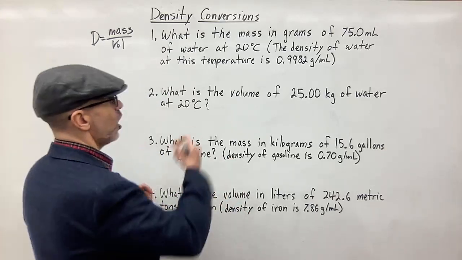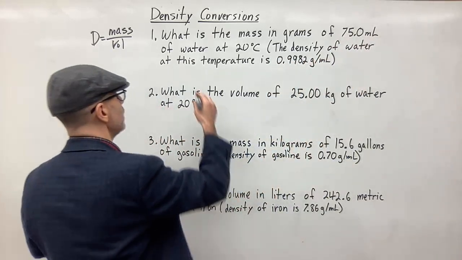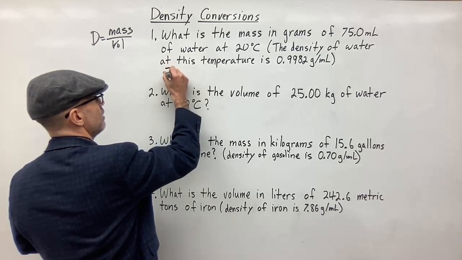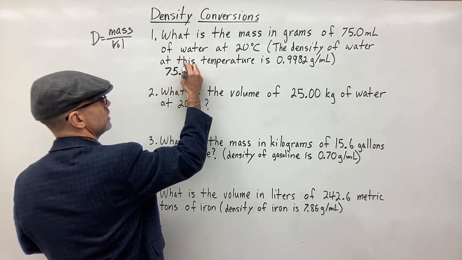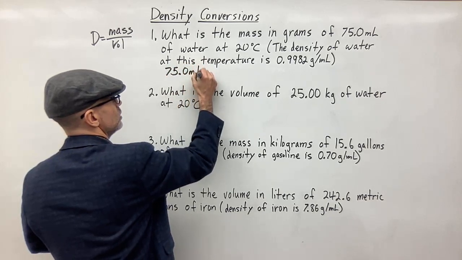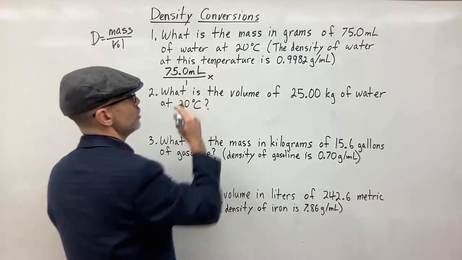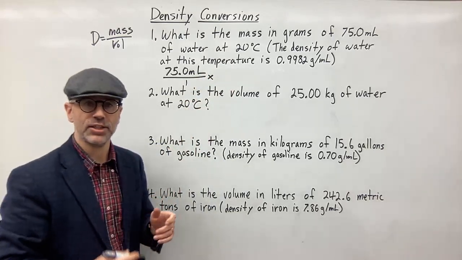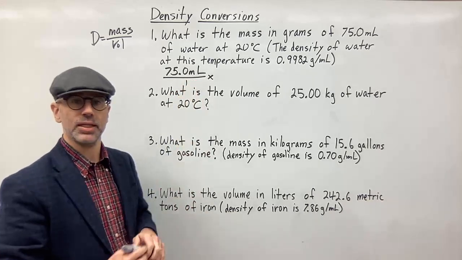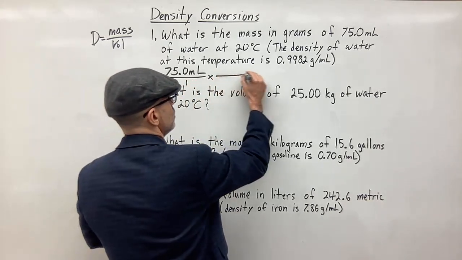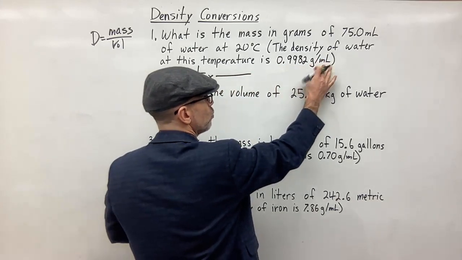We're always going to start with what you're given. You're given 75.0 milliliters. So here we've got 75.0 milliliters on the top. We're going to put that over 1. And then we're going to use our density as a conversion factor. Since I have milliliters on the top, I want milliliters on the bottom. So I have 0.9982 grams per 1 milliliter.